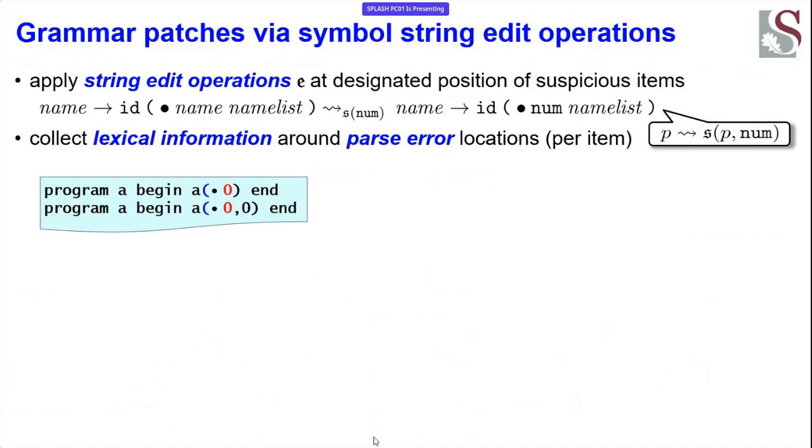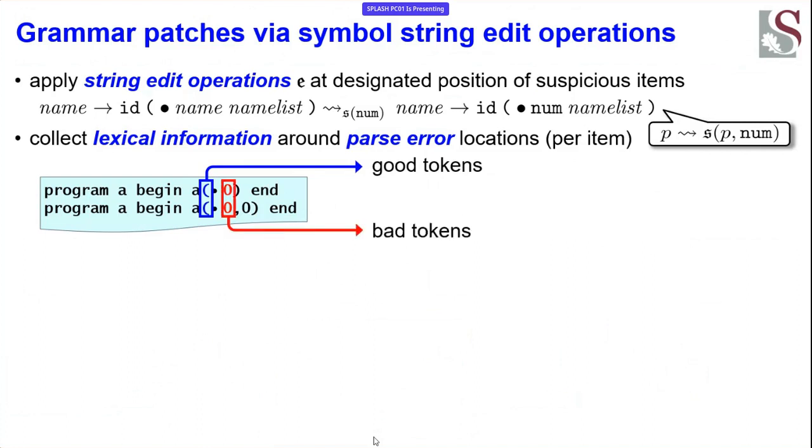We're going to collect all the tokens that are occurring on the left-hand side of the designated position, basically the last tokens before the syntax error. We call these the good tokens because they have still been eaten up by the parser. And then we look at the bad tokens, those that actually triggered the syntax error. And we use the set of the good tokens and the bad tokens to describe whether a patch is applicable.